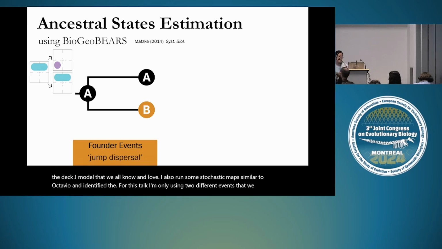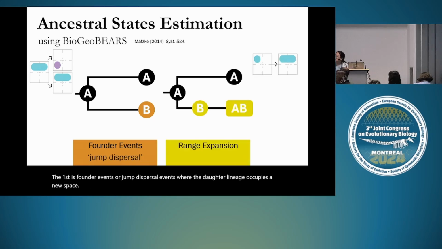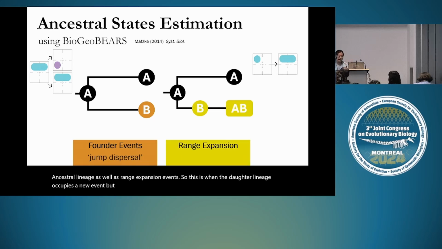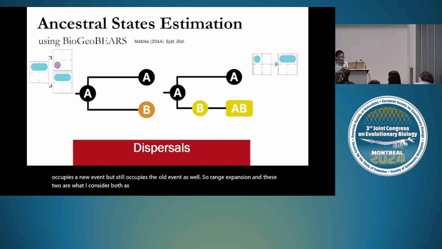The first is founder events or jump dispersal events, where the daughter lineage occupies a new area than the ancestral lineage, as well as range expansion events. This is when the daughter lineage occupies a new area, but still occupies the old area as well. These two are what I consider both as dispersals. I will be talking about some of the results of this dispersal.